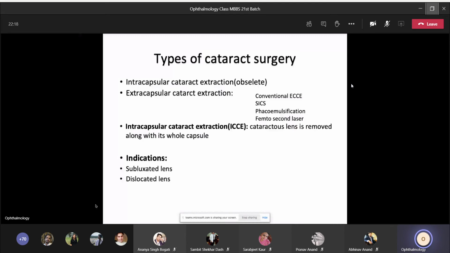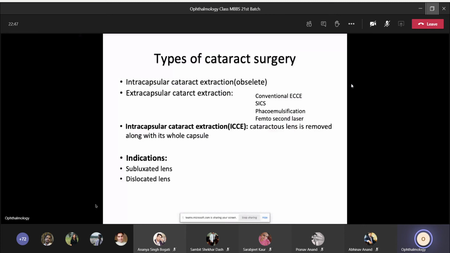So in intracapsular extraction, we remove the whole lens along with the capsule. Then there will be no place to implant the intraocular lens, so the patient has to be left aphakic, or we have to put the lens in the anterior chamber.